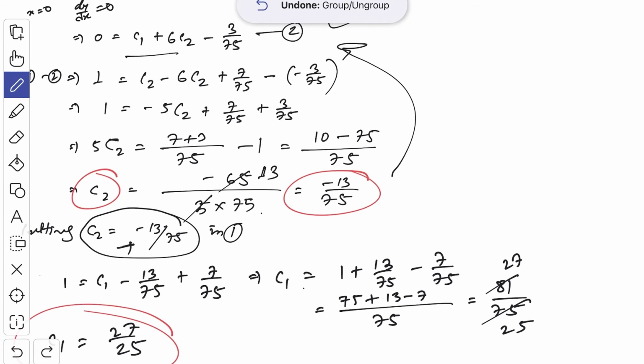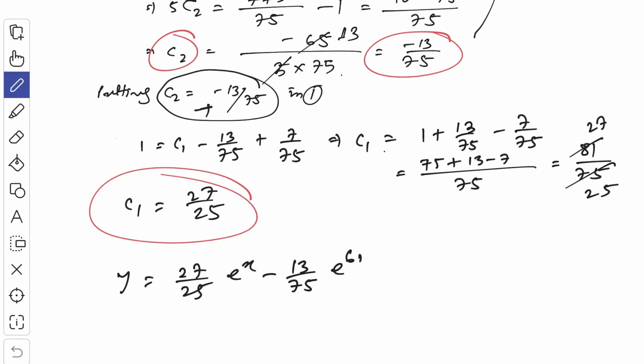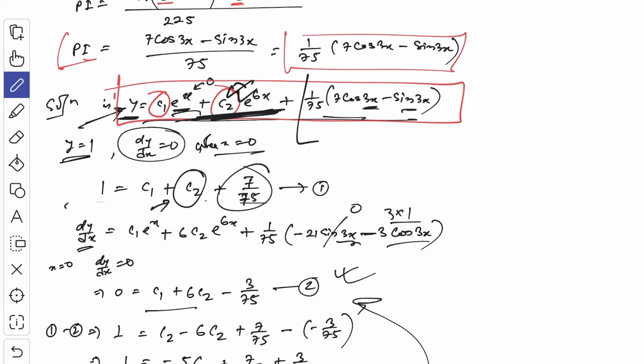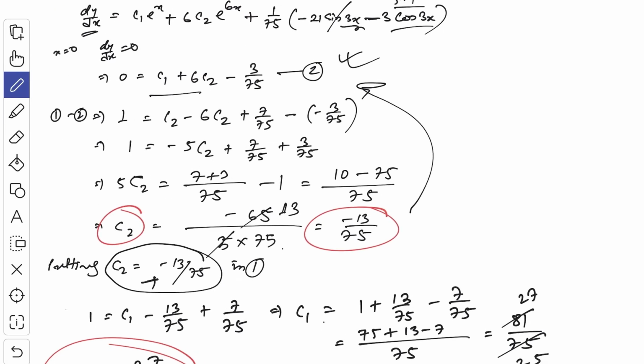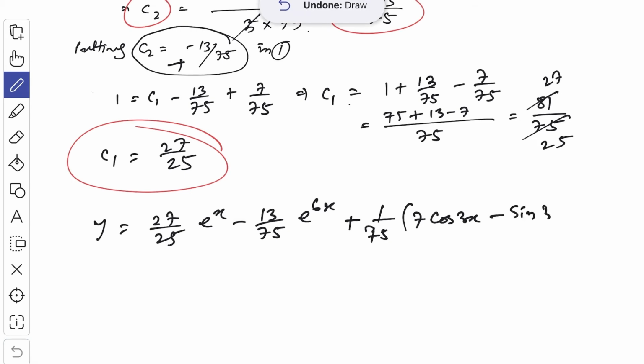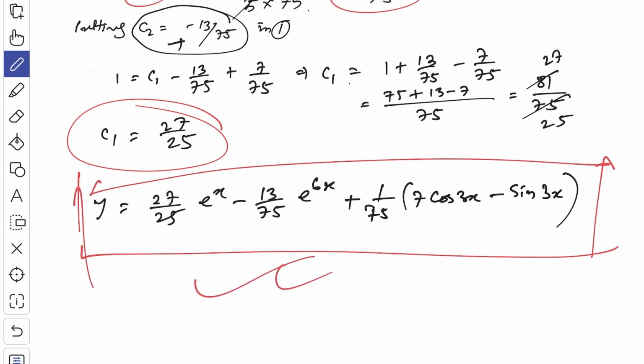So here this will be minus 13 by 75 e to the power 6x, and the remaining part is this, 1 by 75, 7 cos 3x minus sin 3x. So this is the solution of the given equation that we have solved.